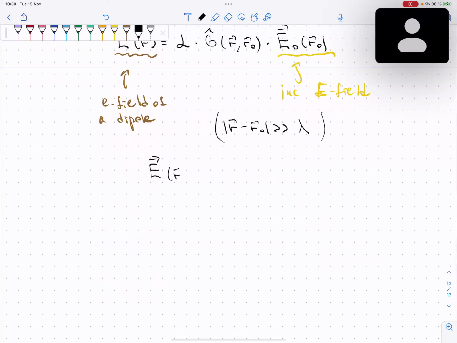So this E of R will be proportional to, well, I don't remember the expression, maybe I can find it in the lecture notes.